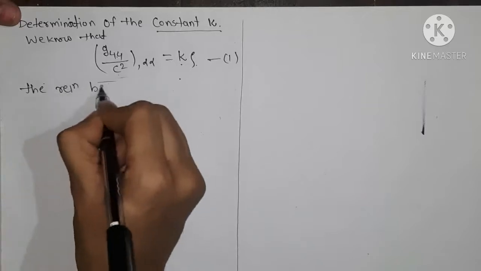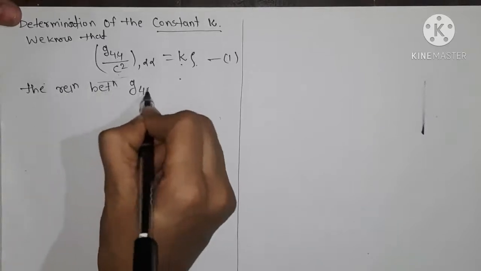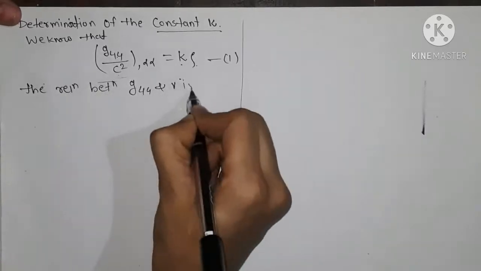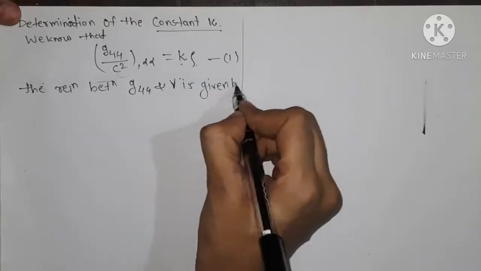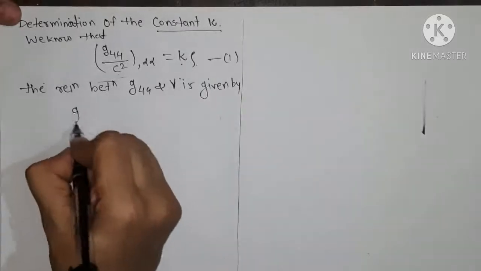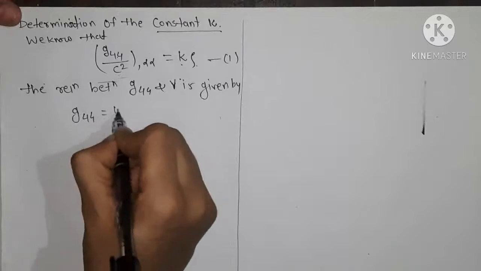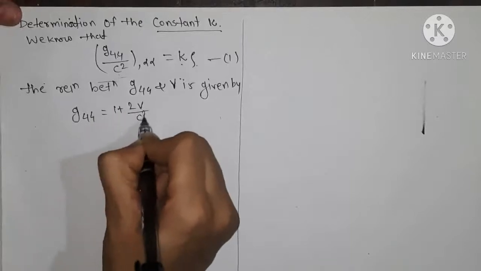The relation between g44 and V is given by g44 equals 1 plus 2V upon c square.